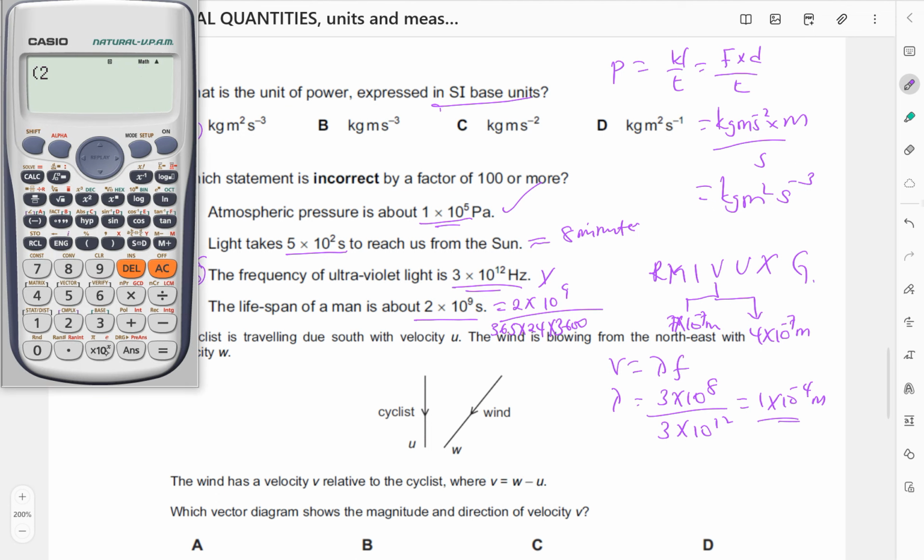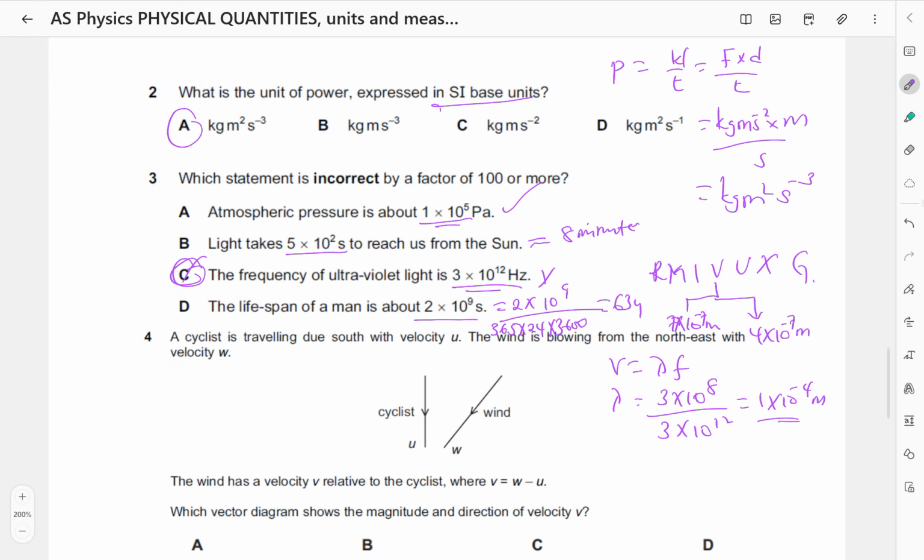So 2 exponent 9 divided by 365 times 24 times 3,600. So that is approximately 63 years. That is a reasonable lifespan.